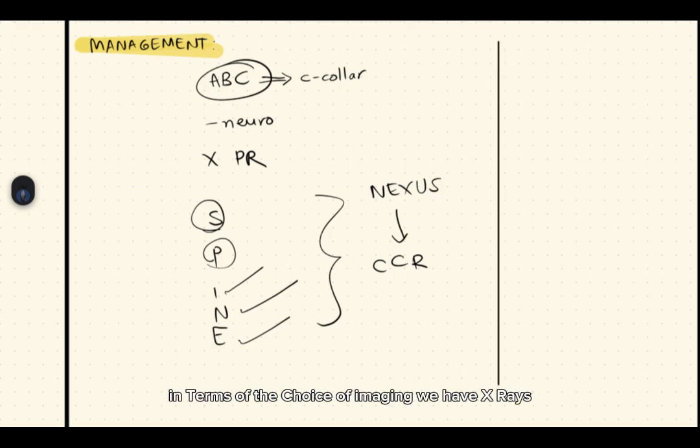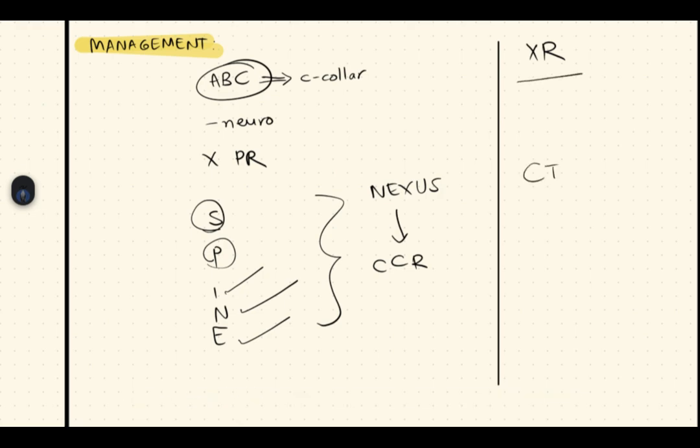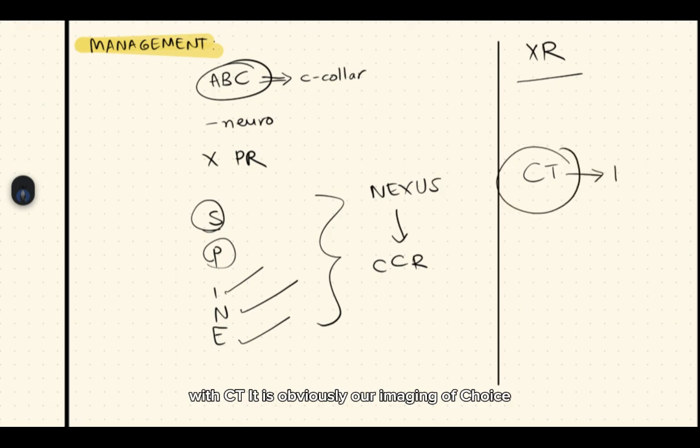In terms of the choice of imaging, we have X-rays. In today's context, it is rarely used, but it can be used if the patient is too unstable to be taken to CT. And remember, there's always low risk of radiation with X-ray. With CT, it is obviously our imaging of choice.